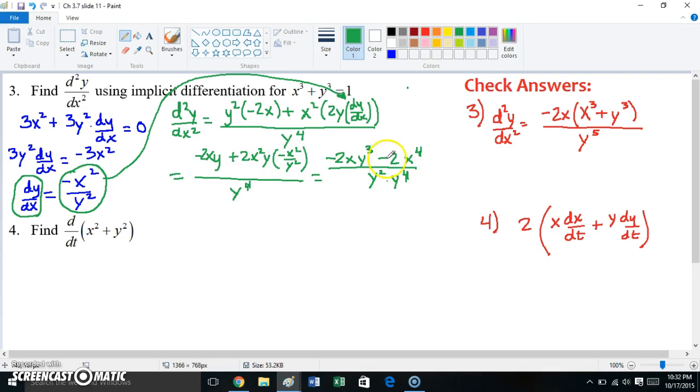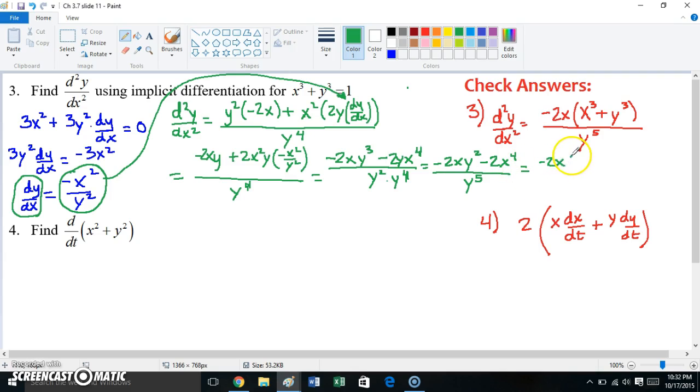I missed my factor of y. Here we go. Okay, so simplifying a little bit more, I can reduce by a factor of y. So negative 2xy squared minus 2x to the fourth over y to the fifth.